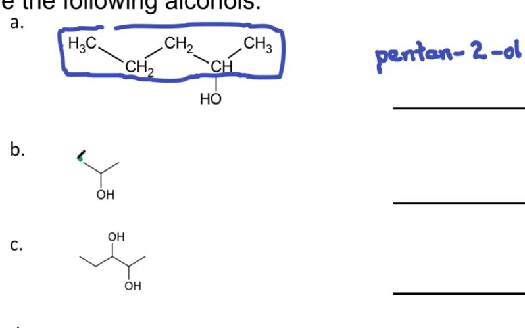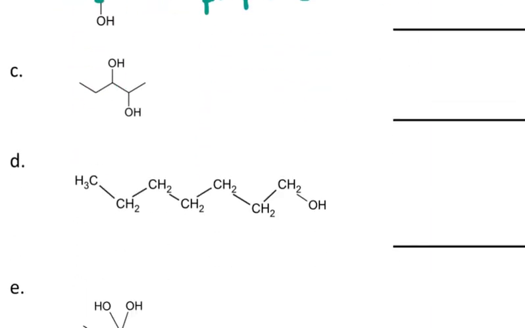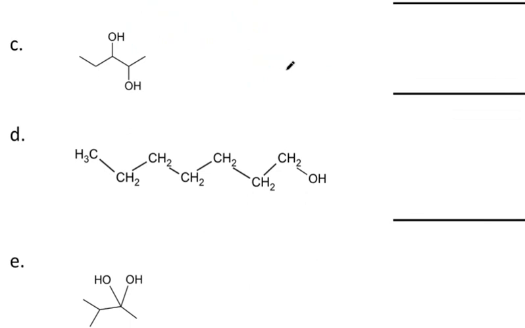Here we have, that's a carbon, that's a carbon, that's a carbon. Okay, 3 carbons, our primary chain is propane. But with the OH, it's not propane, it's propanol, and the hydroxyl group is on carbon number 2, so propan-2-ol. One, two, three, four, 5 carbons in a chain.